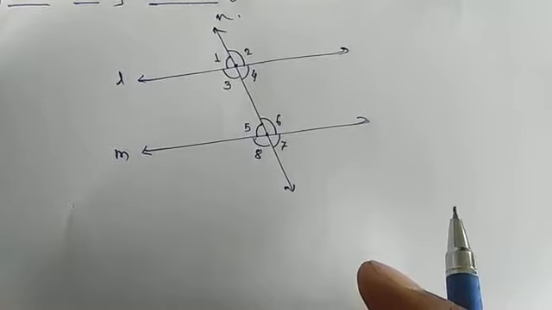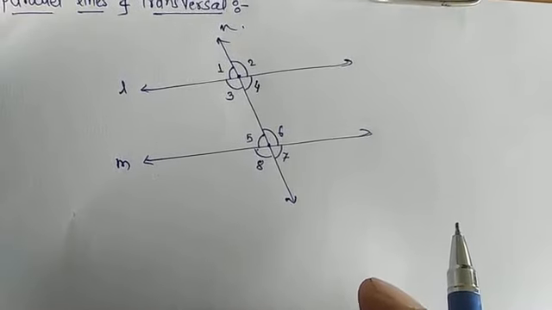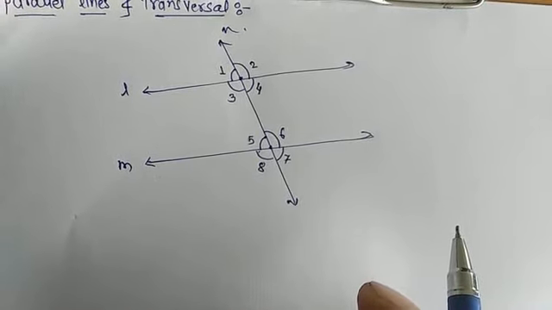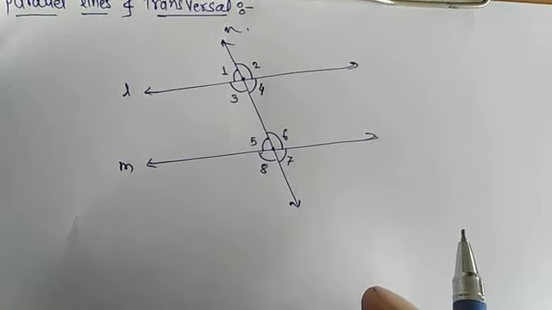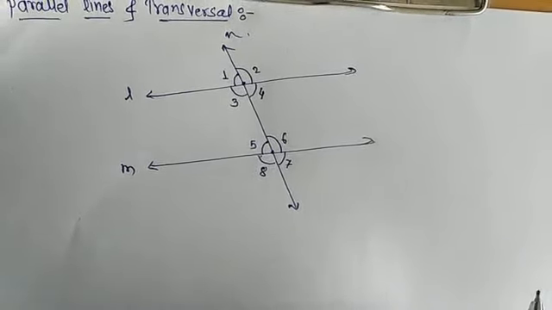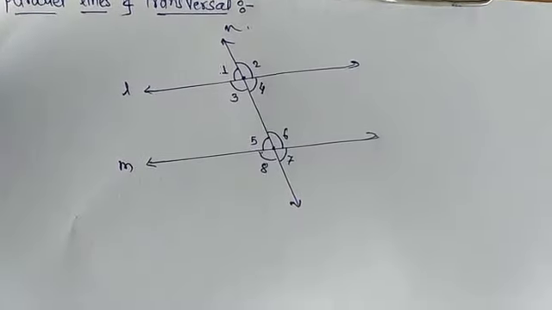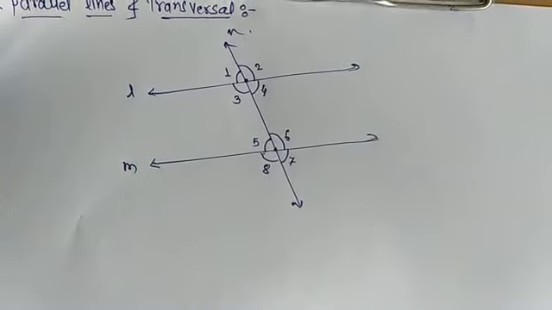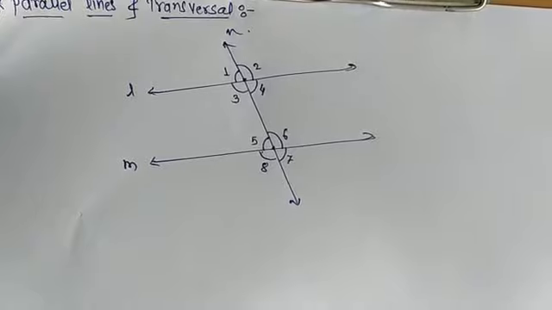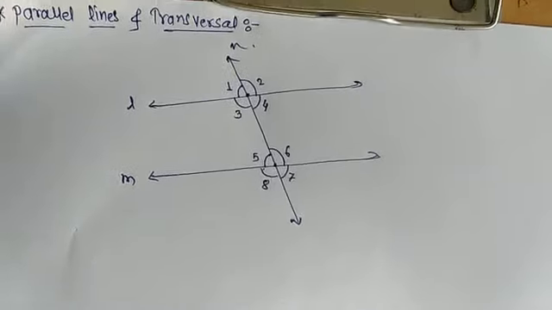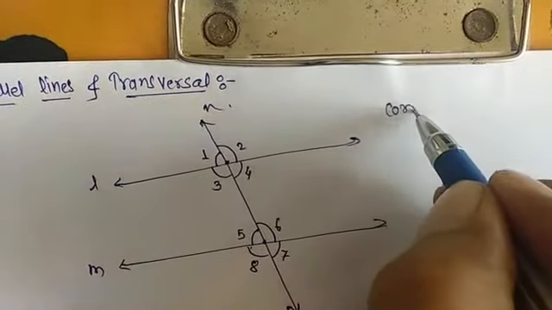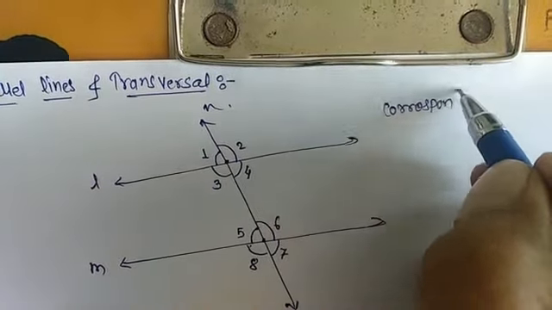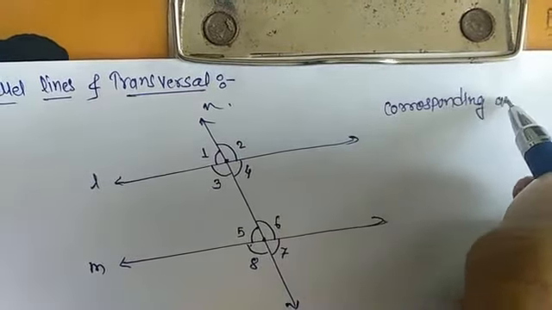Now from this figure, there will be corresponding angles, alternate interior angles, alternate exterior angles, and interior angles on the same side of a transversal. First we have to find the corresponding angles.